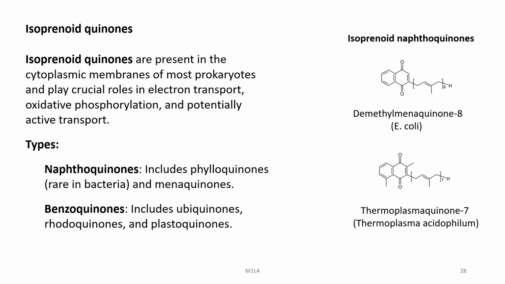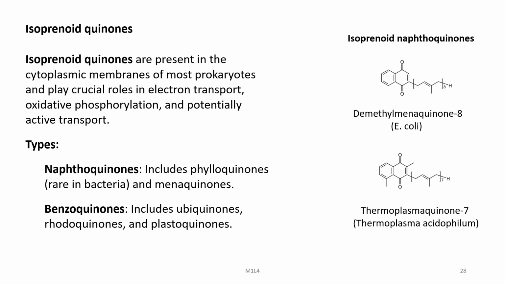Let us now discuss the importance of isoprenoid quinones for identification and classification. These isoprenoid quinones are present in the cytoplasmic membrane of most prokaryotes and therefore play crucial roles in electron transport, oxidative phosphorylation and potentially active transport. We may have different kinds of isoprenoid quinones.